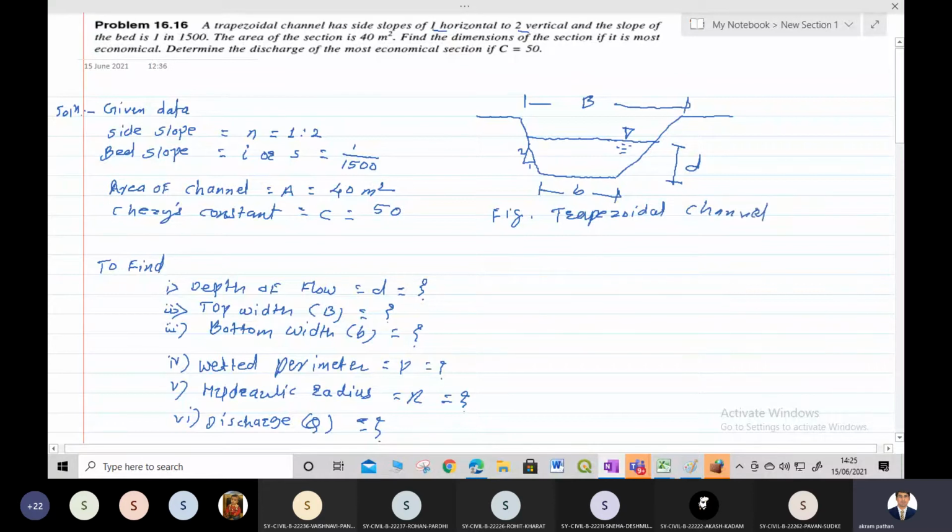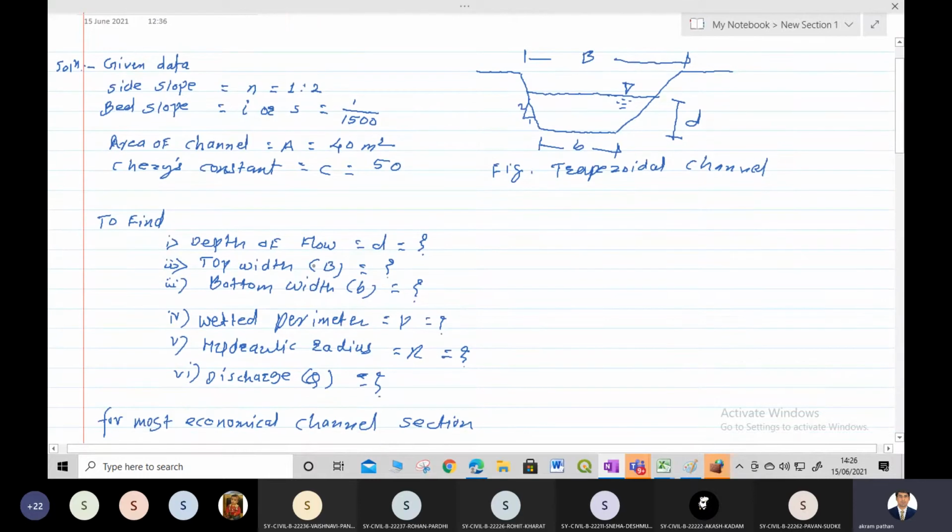Then what do we have to find out? We have to find out the depth of the flow, top width, bottom width, wetted perimeter, hydraulic radius and discharge.